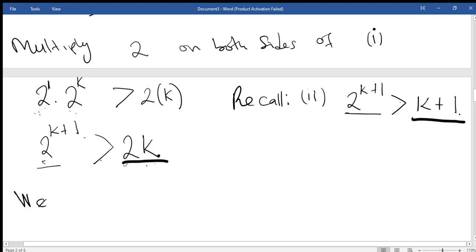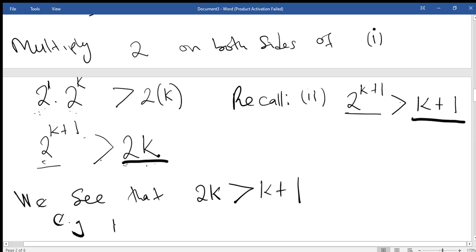We can see that 2k is bigger than k plus 1. How is that true? Because if we take any number of our choice, for example k equal to 4, we're going to have 2 times 4 equals 8, which is greater than 4 plus 1 equals 5.